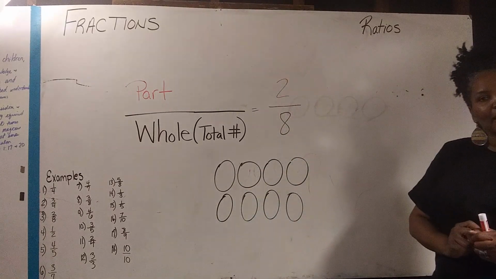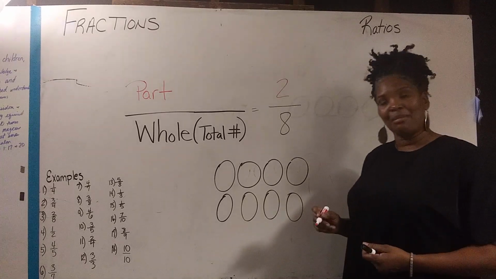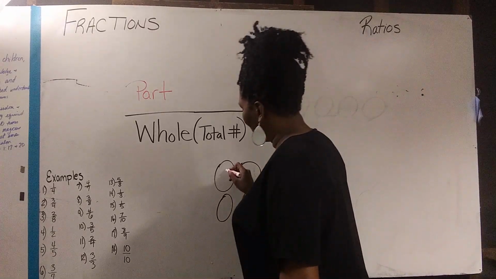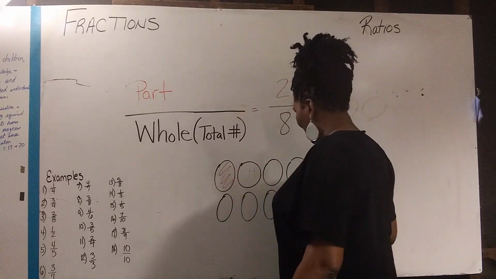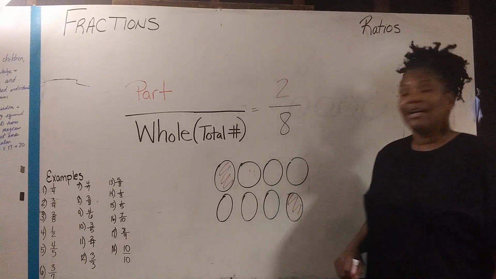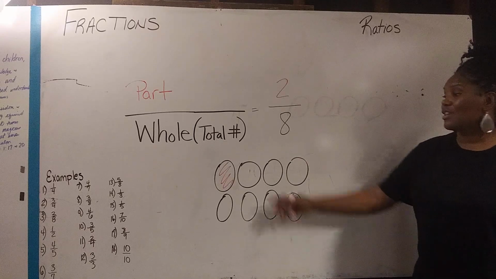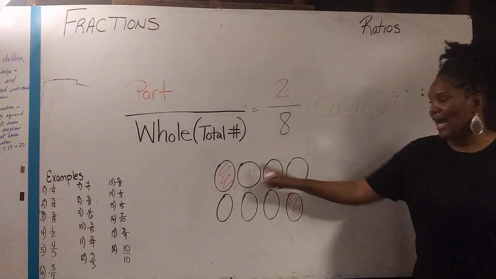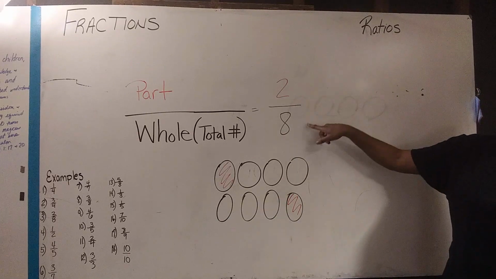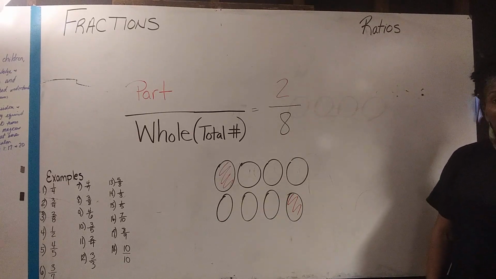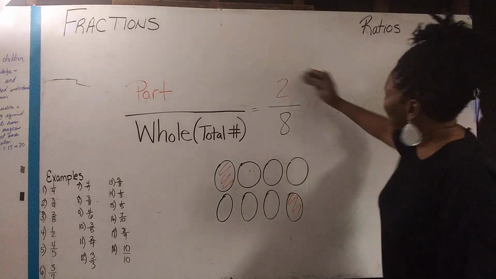And how many do I need to color? 2. Good job, because that's my part. So I'm going to just scribble in that one and scribble in this one. And so now I have 2/8. 2 of my 8 circles are colored. 2/8. Good job. You're doing really good with your fractions. Let's go to the next one.